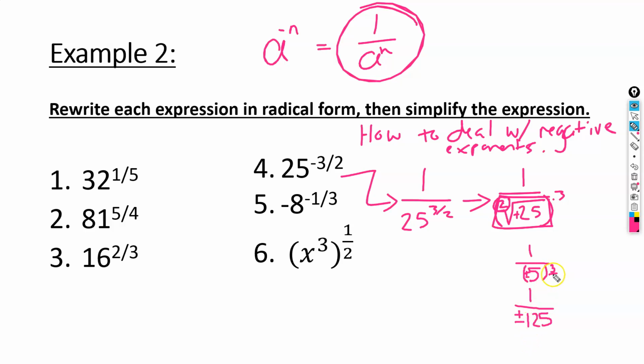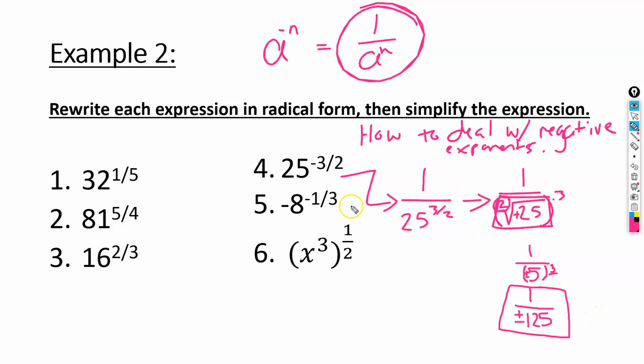So in this case, if you have an even power out here, you'll never have a negative answer. It's always going to be positive. But when you have odds, if you have a plus and a minus, then you're going to get a plus and a minus. If you have a positive, you're just going to get a positive. If you have a negative, you're going to get a negative. But if you have an even power, it's always going to come out positive no matter what. So there's our final answer there, plus and minus 1 over 125.